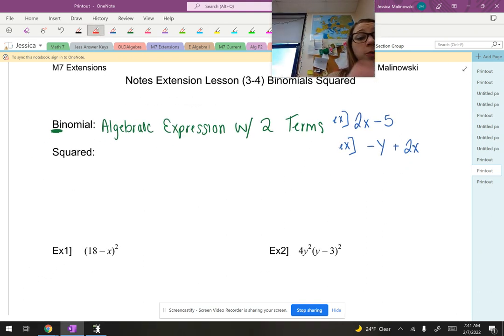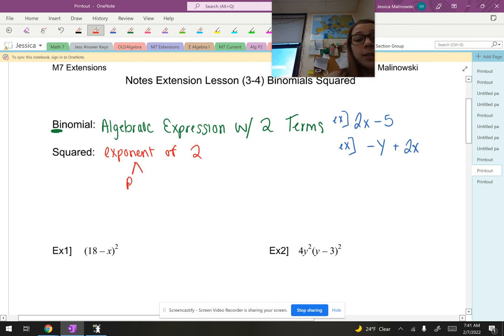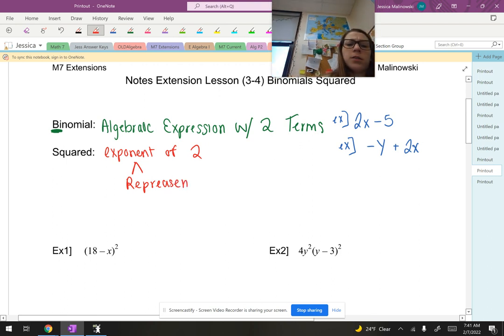Remember, when you see squared, that just simply means an exponent of 2. Remember that exponents represent repeated multiplication.